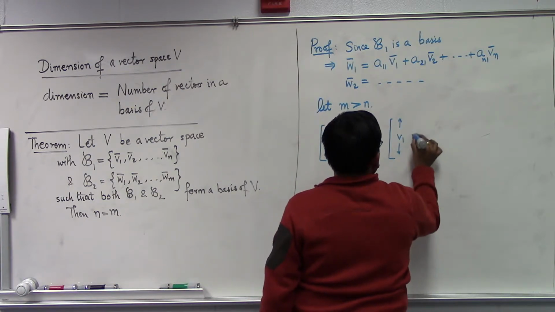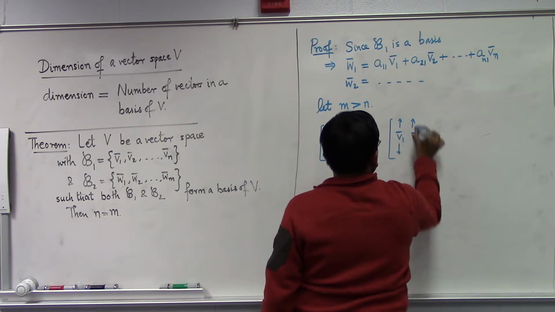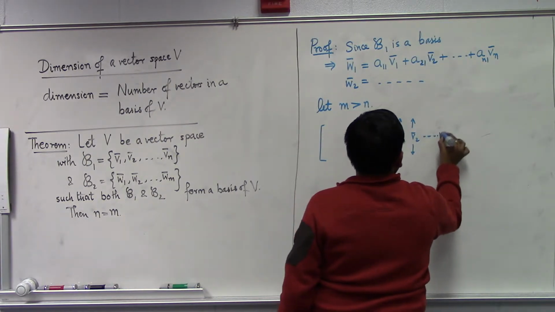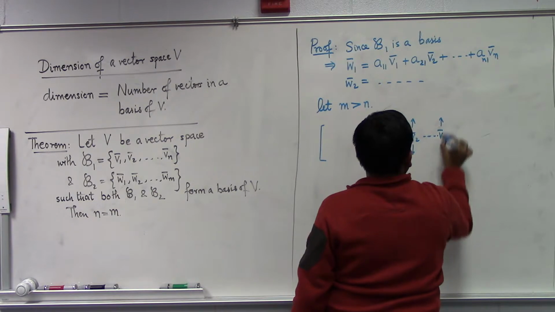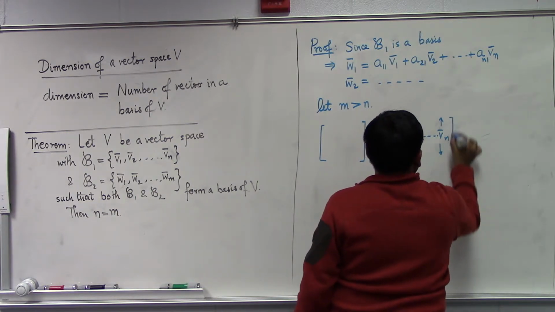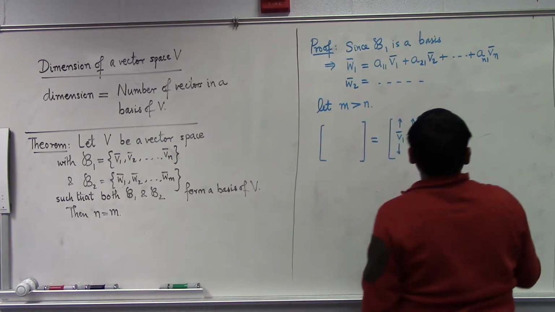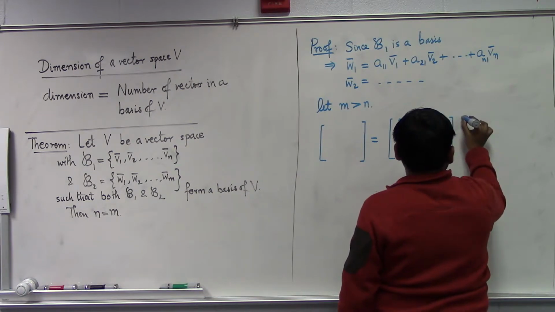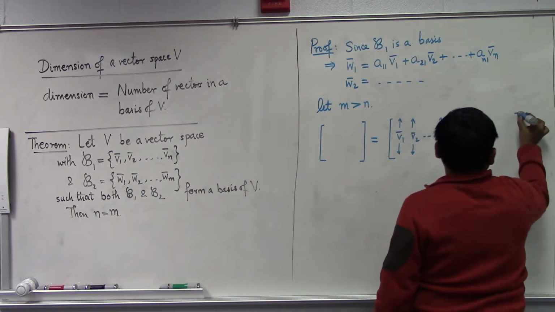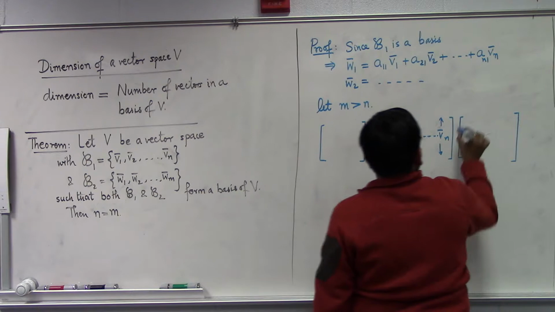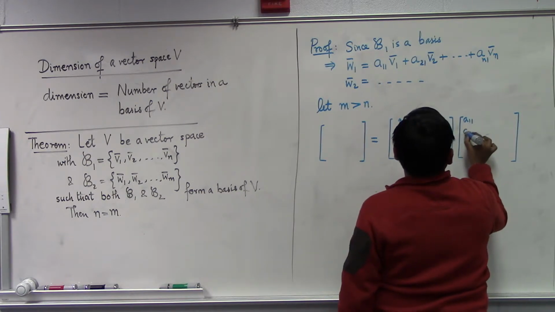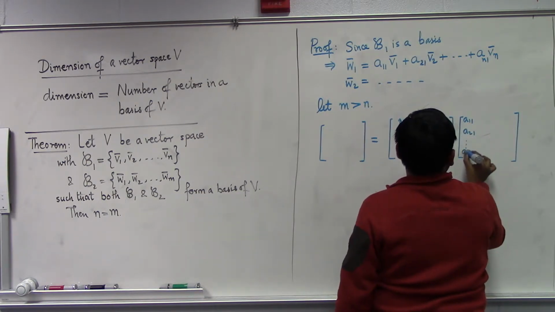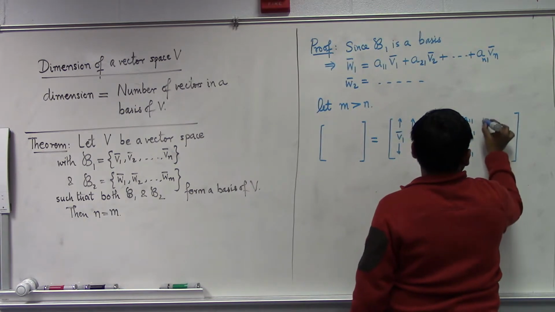So I'm creating a matrix of my vectors V1, V2, Vn, and here is my matrix A11, A21, An1, so on and so forth.